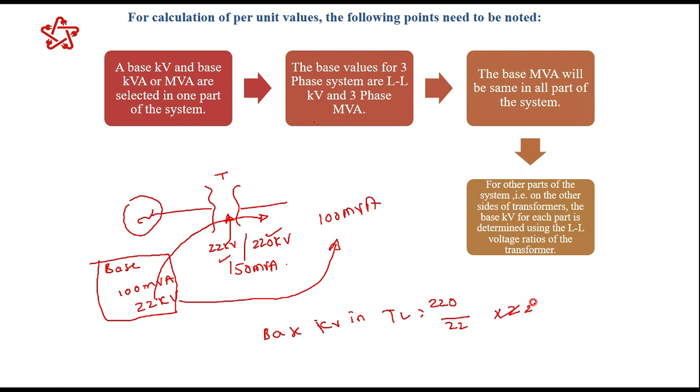Therefore, what you are getting here is 220 kilovolts, the base quantity in the transmission line side. This is how we get the base quantity on the other side of the transformer. What we are seeing here is that the voltage changes its base value from one side to another because of the transformer.